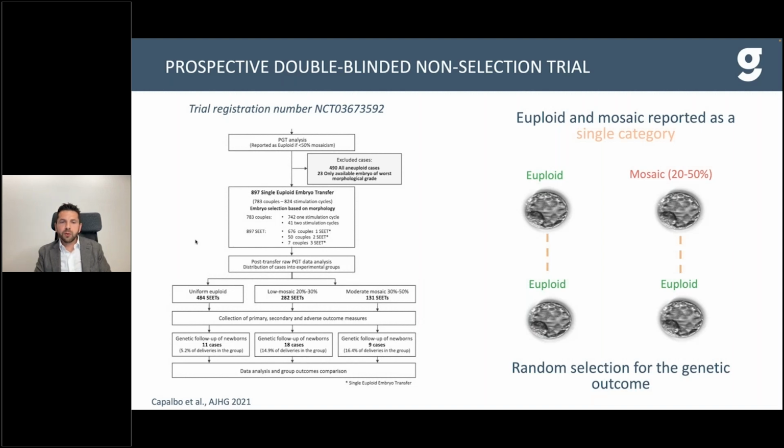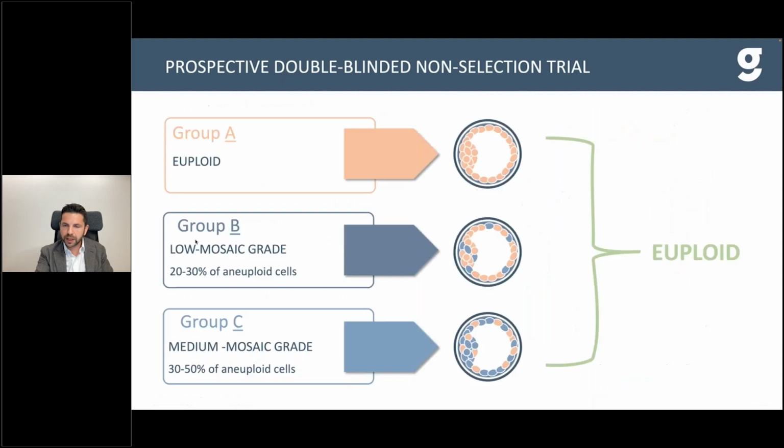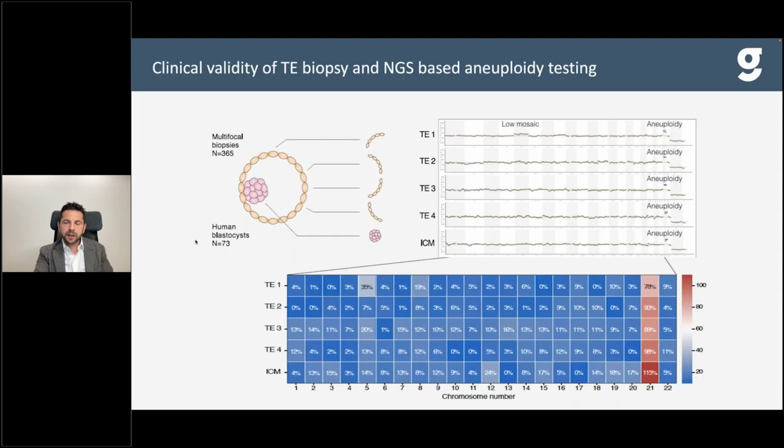After that, we could also perform some prenatal and postnatal cytogenetic follow-up that I will discuss later. So just to recap, euploid embryos and low mosaic and medium mosaic grade embryos were all reported back as euploid, and the selection was not biased by this genetic outcome. So we could get, I think, a very reliable comparison between these three categories.